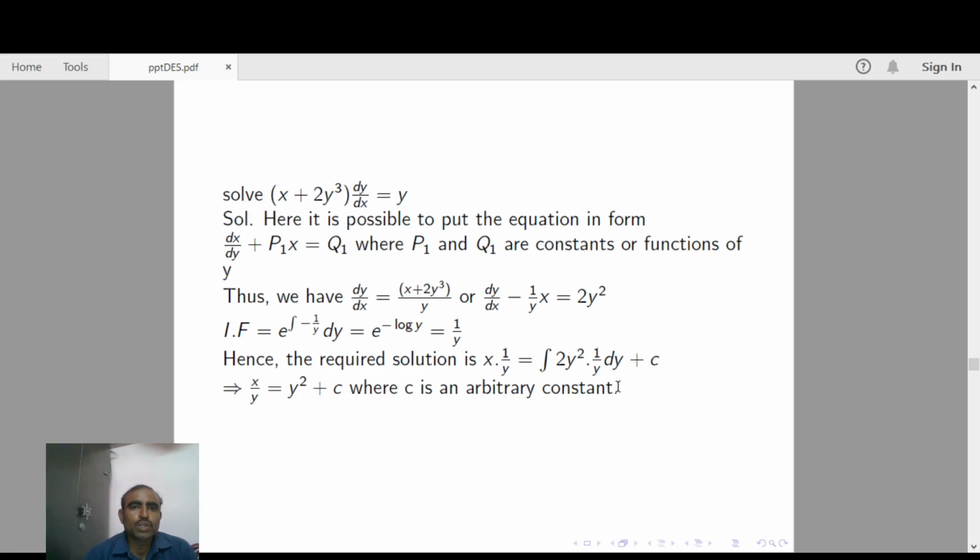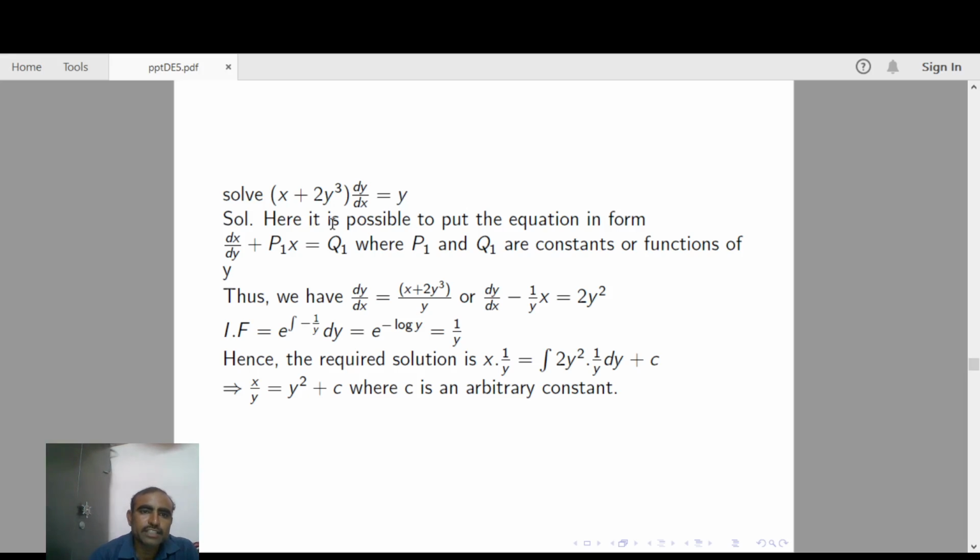x plus 2y cube into dy by dx is equal to y. So observe this equation. We can't write this as dy by dx plus p of x into y is equal to q of x. So you write this as x plus 2y cube by y is equal to dx by dy. Bring dy by dx on this side, this will become dx by dy.